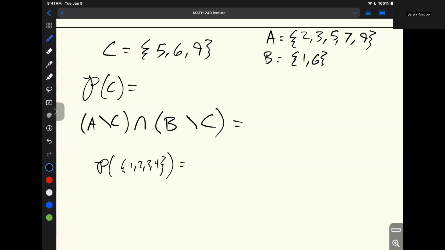This is like all of A that's not in C, and then all of B that's not in C. But it doesn't really intersect at all.